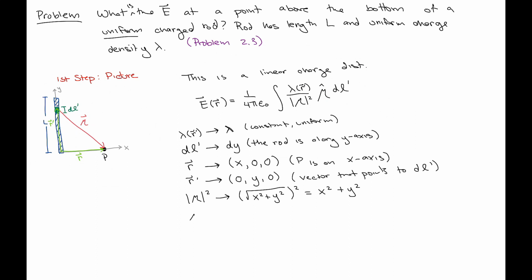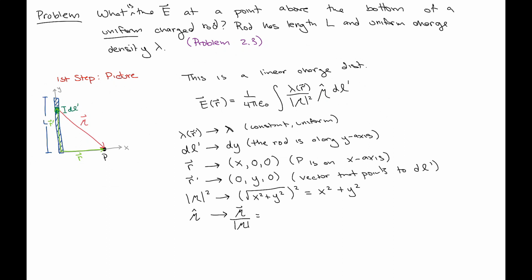And then the last little bit, I've got my script r hat, that unit vector. If you guys remember, that's equal to my separation vector divided by the magnitude of my separation vector.